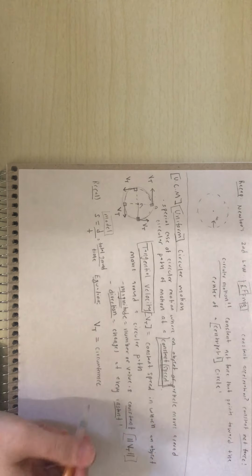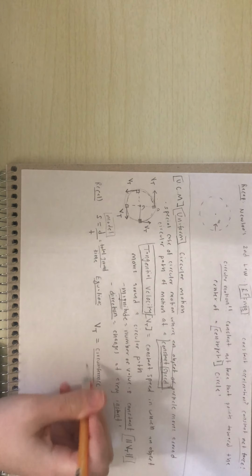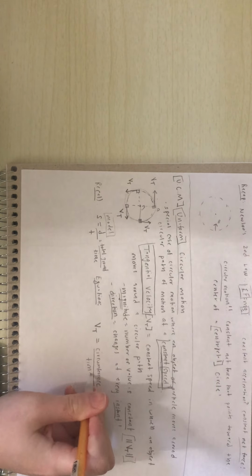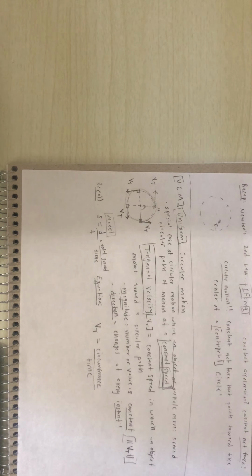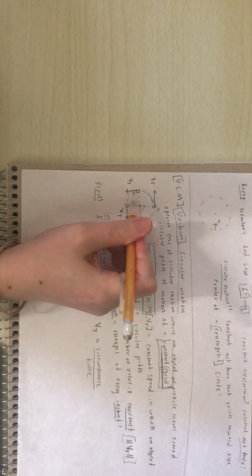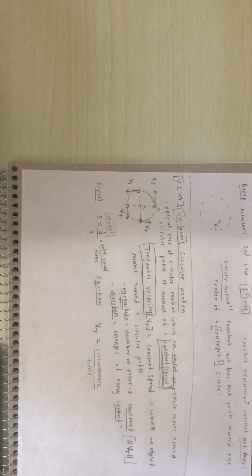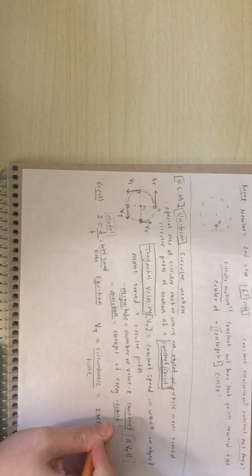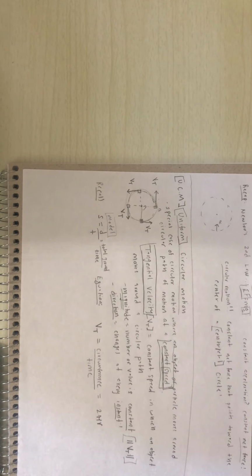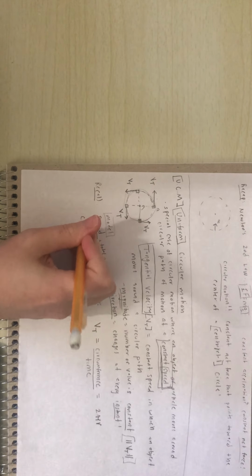So we take the circumference and we divide it by the time it takes to travel that circumference, or to make one complete rotation. The circumference of a circle is 2 pi r. Right, if you think back to math class, we know that circumference is 2 pi r.